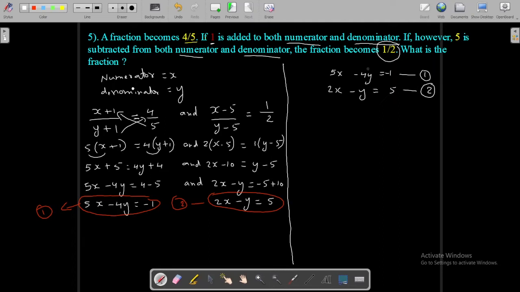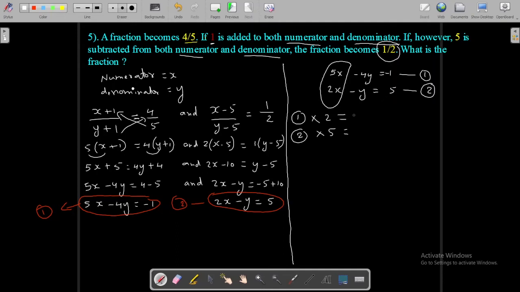As I said before, I have to make these x values equal or y values equal. So I will try to make these x values equal. How is it possible? Equation 1 into 2, similarly second equation into 5.